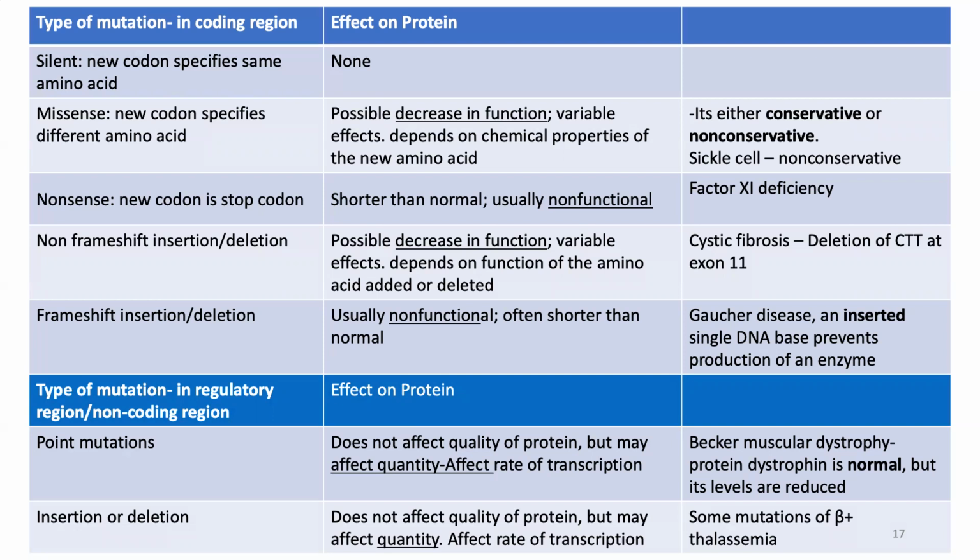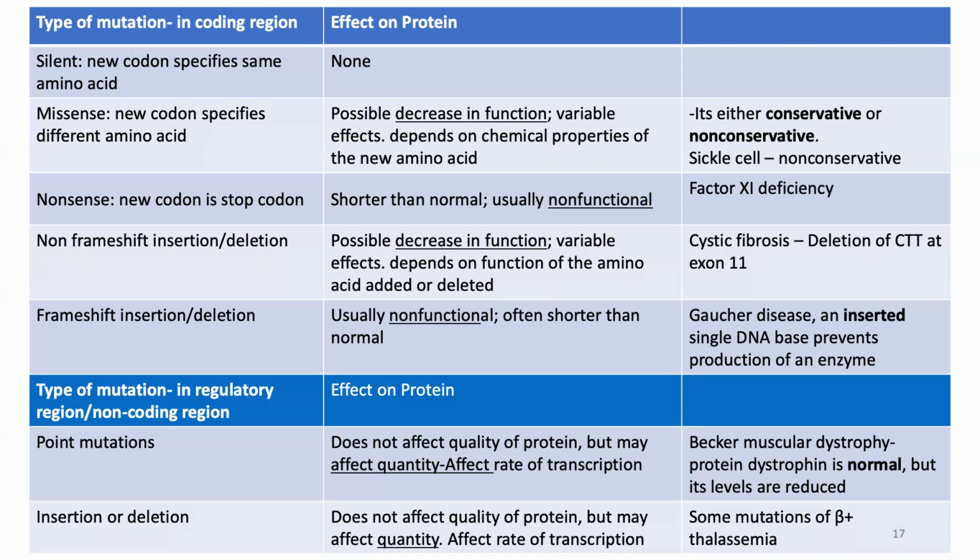Is it in the promoter? Is it in the TATA box? Because if it's in the promoter or TATA box, probably the proteins that need to bind to the TATA box to start the process of gene expression might not be able to bind properly. That's why we might not get 100% of the quantity that we want.